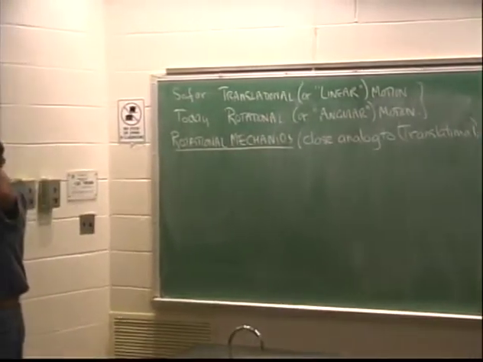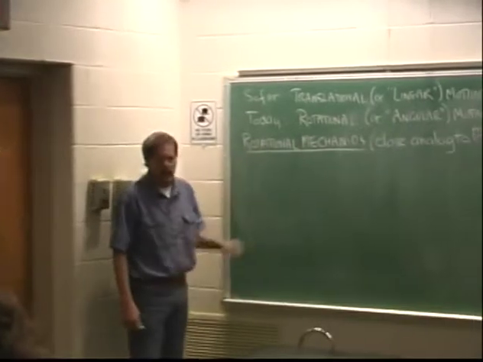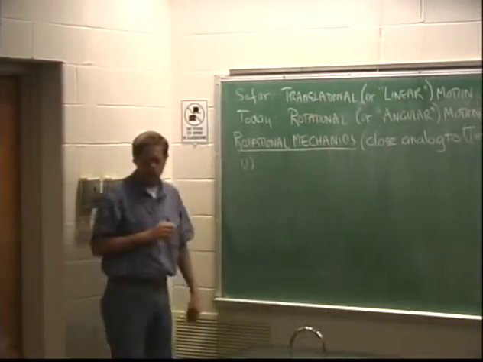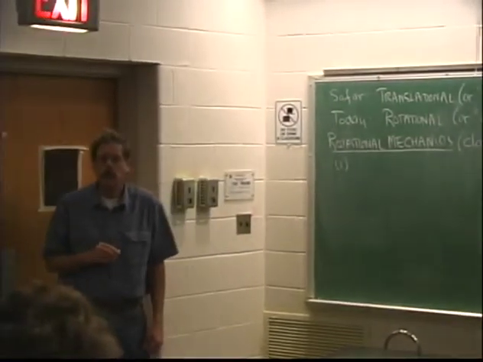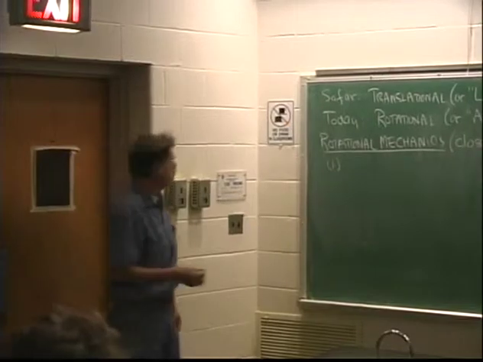Like regular mechanics, rotational or angular mechanics divides naturally into two parts. First of all, there's the description of rotation. That's rotational kinematics. Then there's the causes of rotation. That's rotational dynamics.